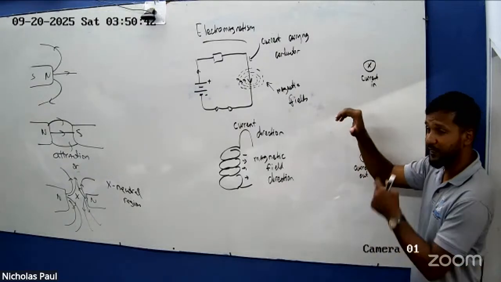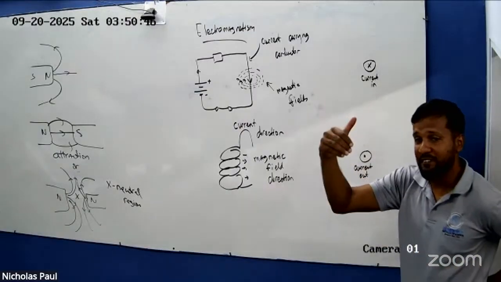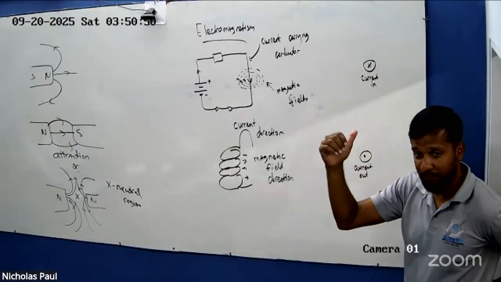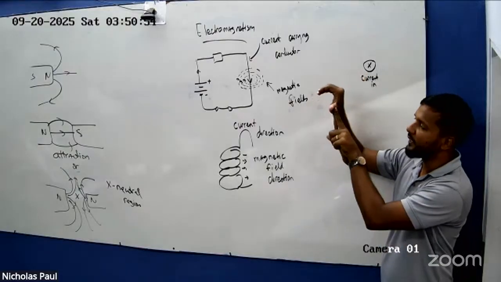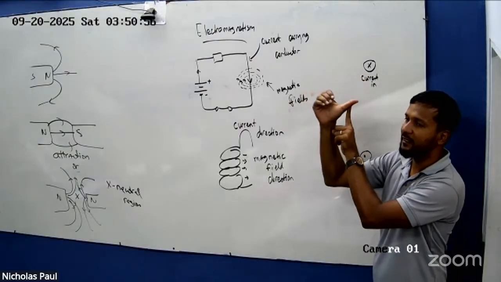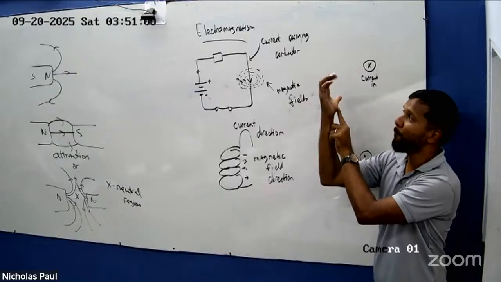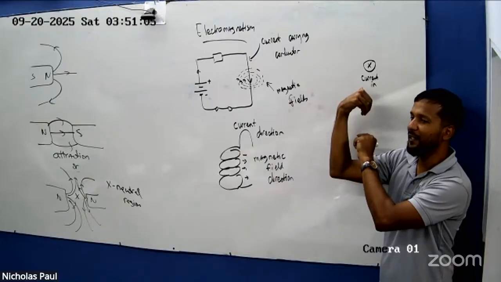So watch this. Current going in, right? I'm taking my right hand, regardless of whether you're right handed or left handed, you're always using your right hand. So with current going in, my thumb has to point inwards. That's okay? So my fingers are pointing in what direction? Clockwise or anti-clockwise?